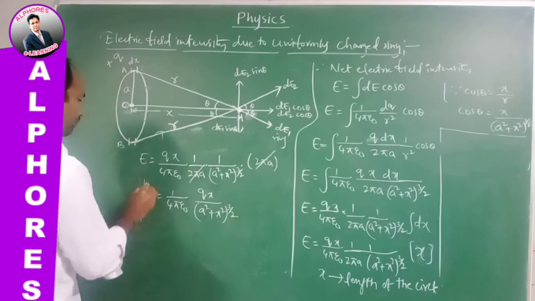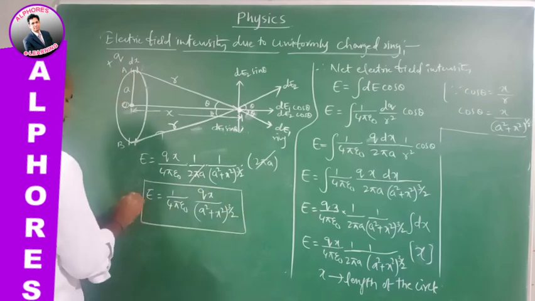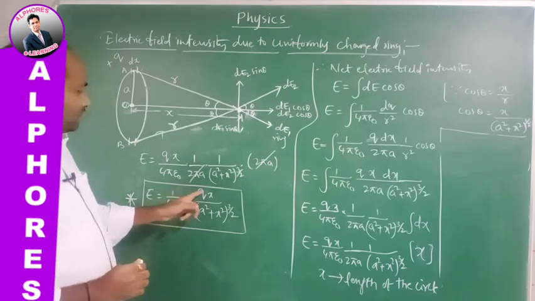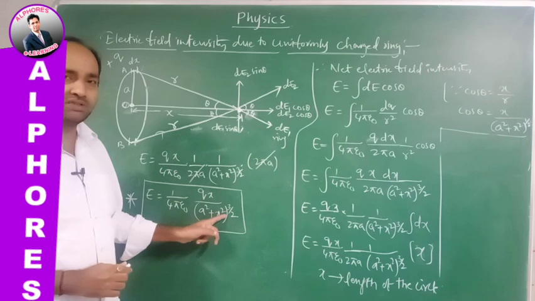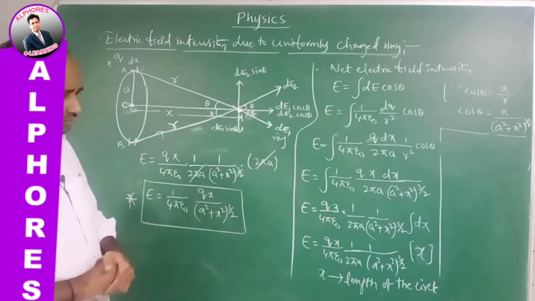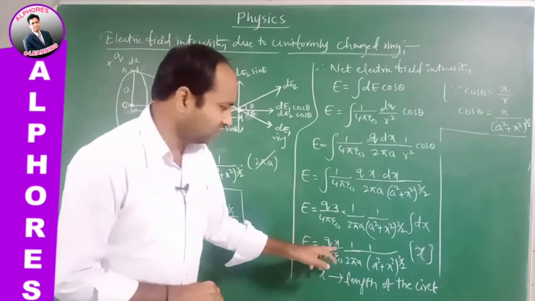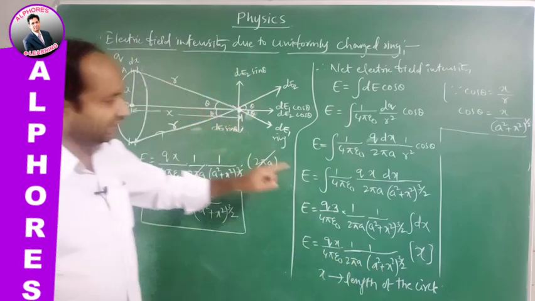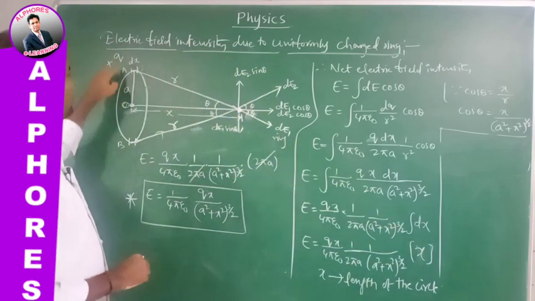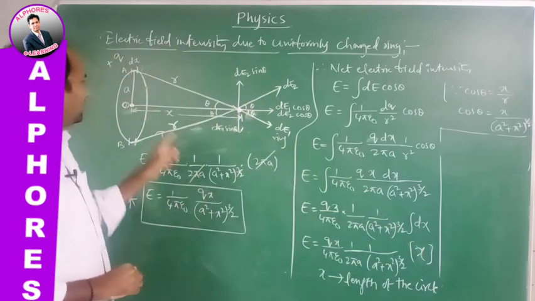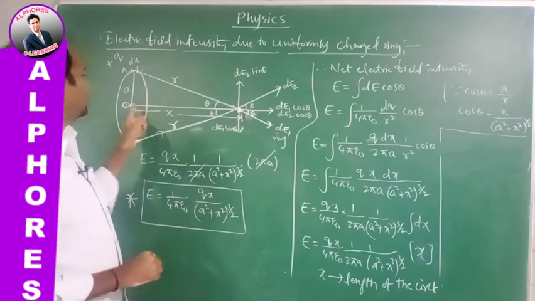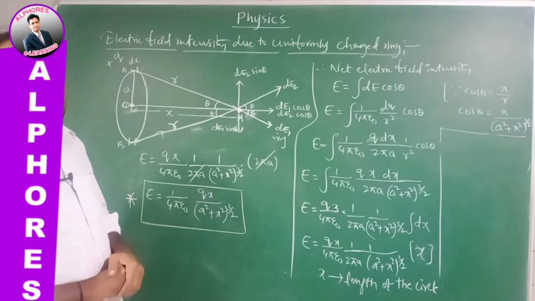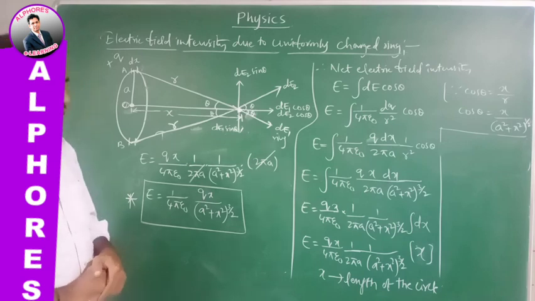So this is E equal to 1 by 4 pi epsilon naught, qx by (a square plus x square) whole to the power of 3 by 2. Here x is the distance from the center of the circle to the point P, whereas integration of dx is the length of the circle. See, what is meant by x equal to 0 here?